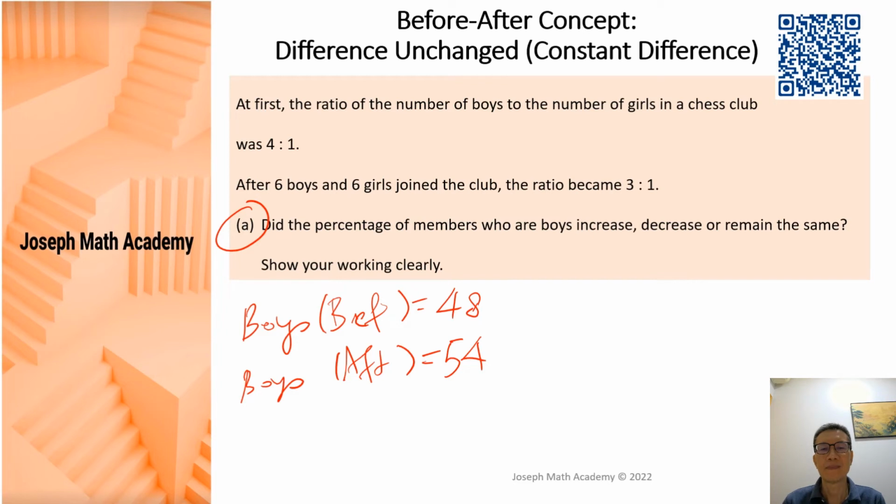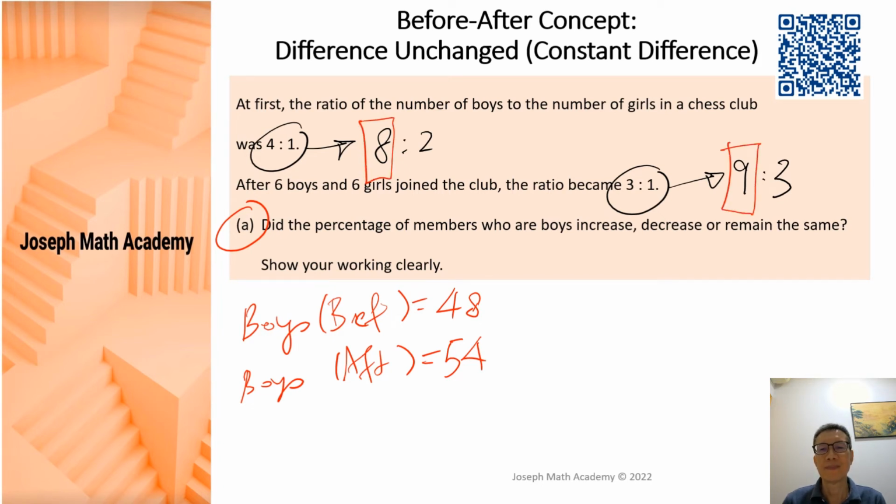If you can remember, this one, the equivalent ratio is 8:2. This one, the equivalent ratio is 9:3. So this being the boys, 8 units before and boys 9 units after.